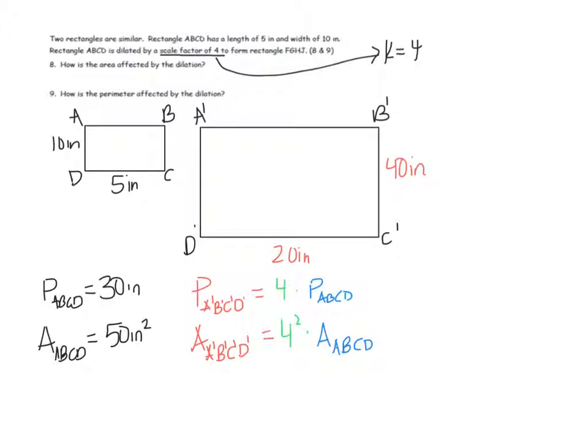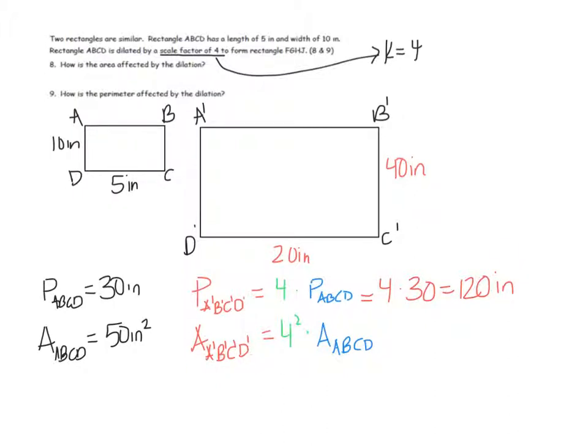So here's what I know. If I want to find the perimeter of the image, it'll be the scale factor times the perimeter of the original. So in this case, 4 times 30, or 120 inches. And we can verify that: 20 plus 40 plus 20 plus 40 is 120 inches.